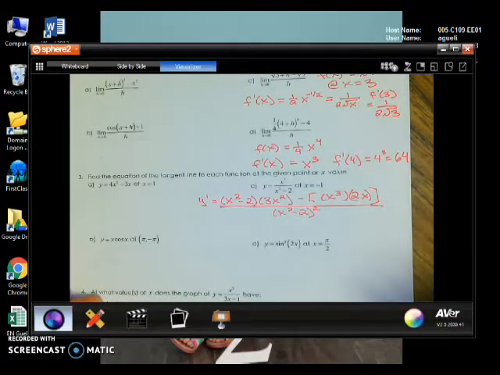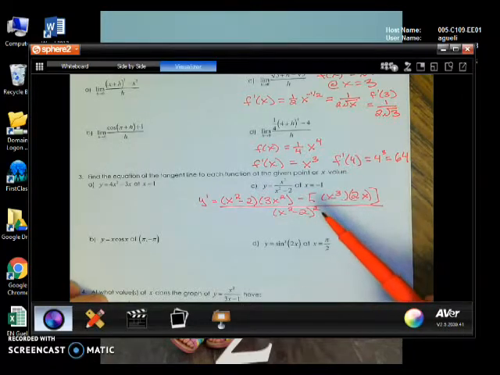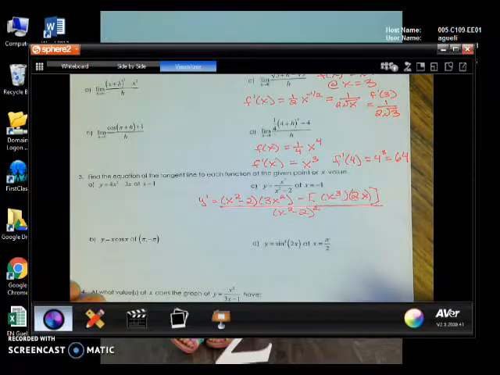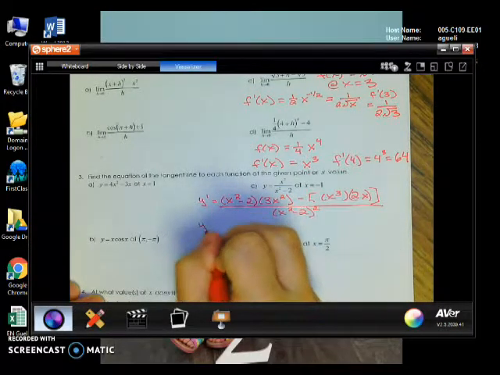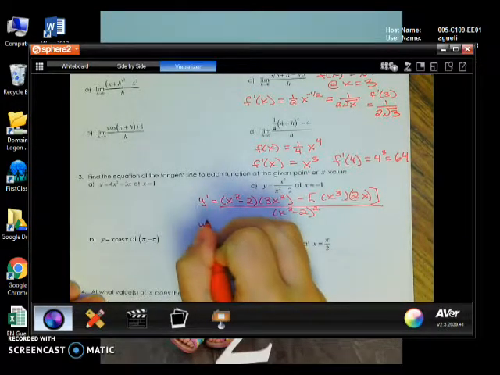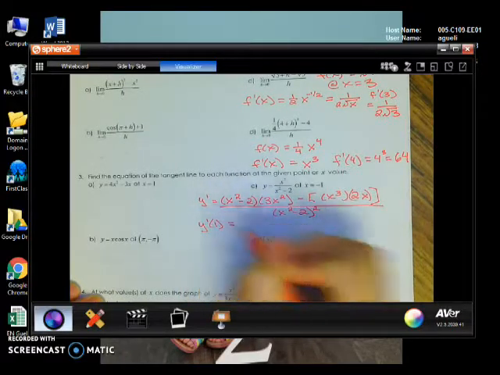Don't forget my square. Okay, so you could simplify that out, but since we are given an x value, right, you can go ahead and plug in from there. It doesn't really matter when you plug in. So instead of making a mistake when I simplify it, I'm just going to go ahead and plug in from there. So I'm taking the derivative and I'm evaluating it at 1.